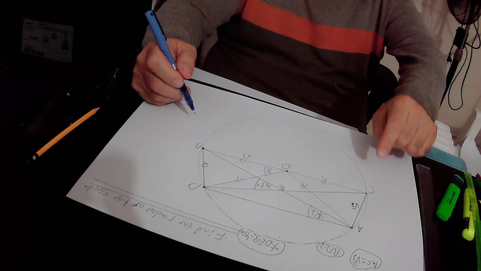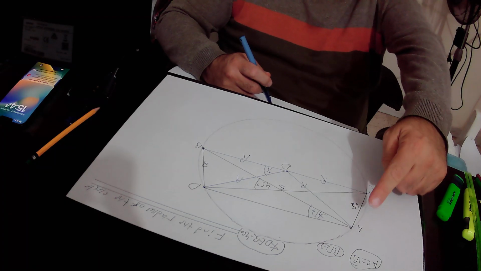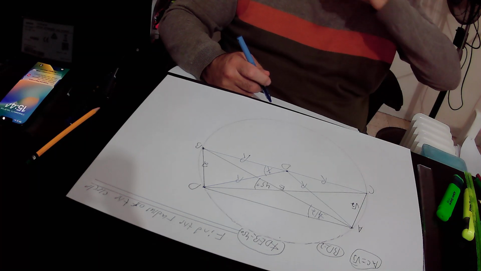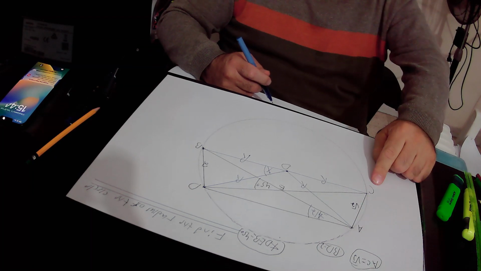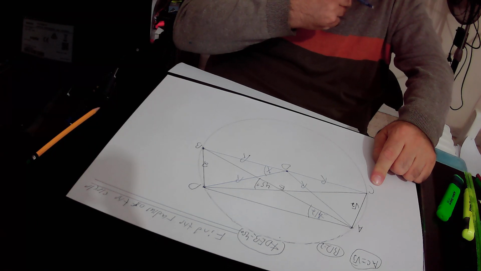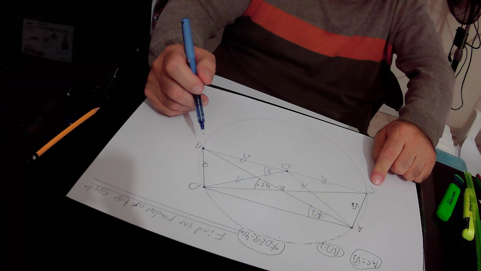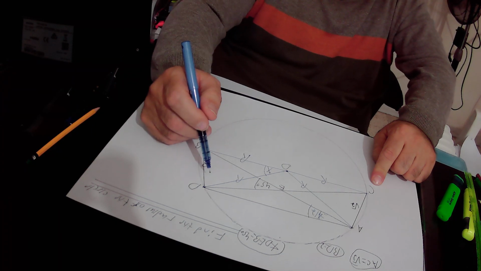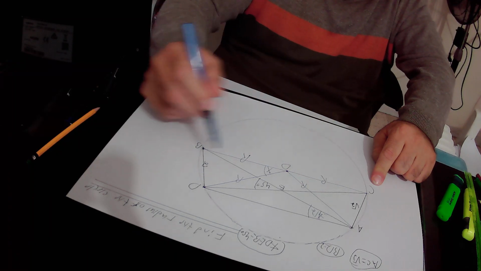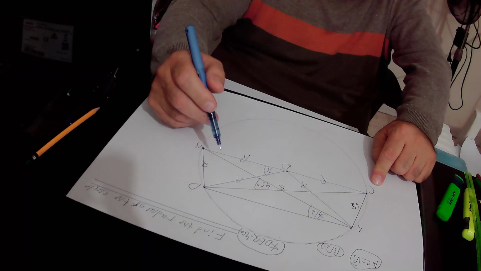In the next step, we will focus on chord AC. In this chord AC, we have a peripheral angle ABC that rests on chord AC.